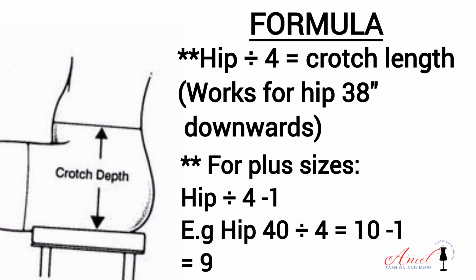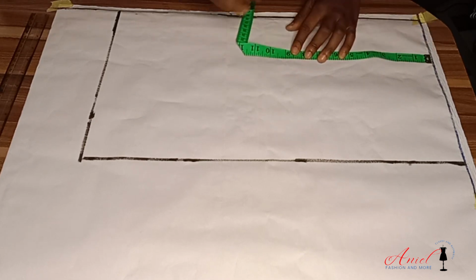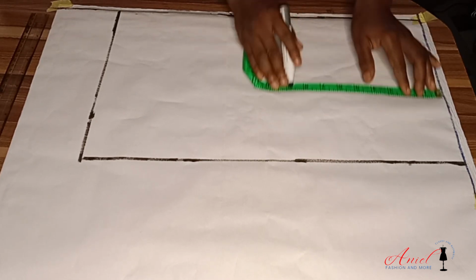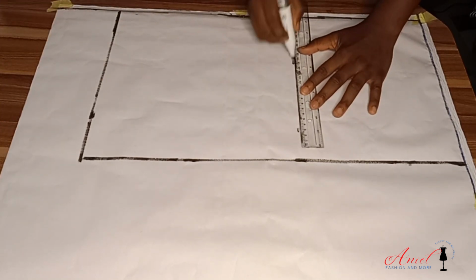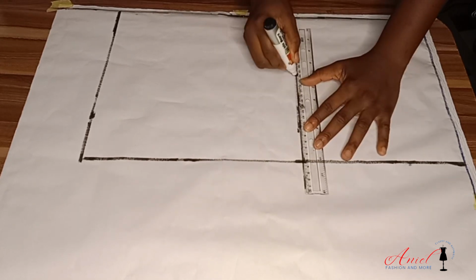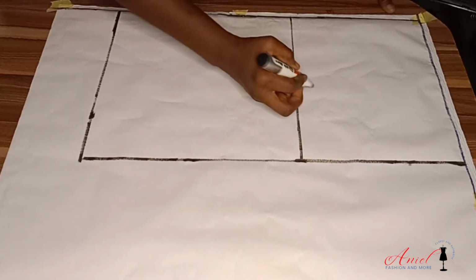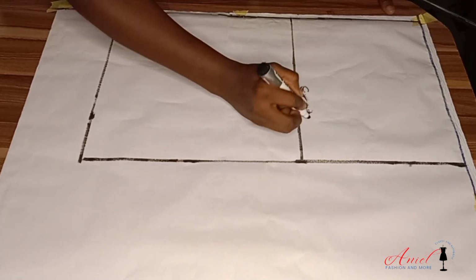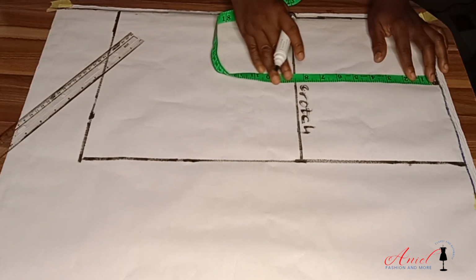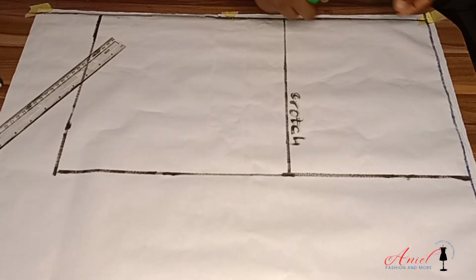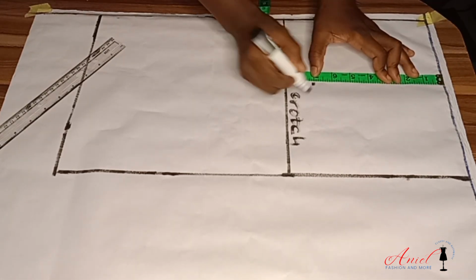Now the first thing to do is the crotch depth calculation. The first measurement we are going to be drafting is the crotch depth, and the calculation has been shown already. So I will rule my crotch depth and make a straight line with it. The next thing for me to draft is the hip measurement, and the hip measurement for this specific person is 7 inches as shown in the video.